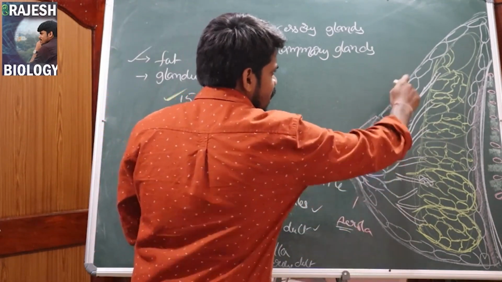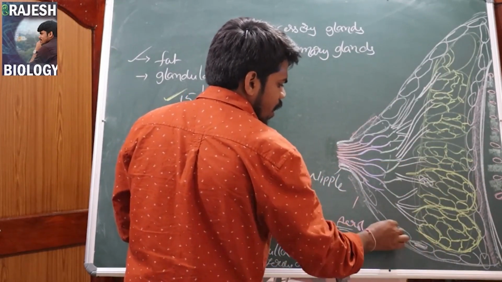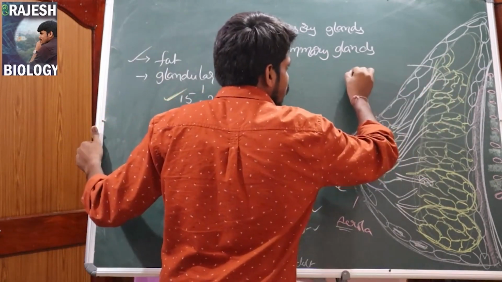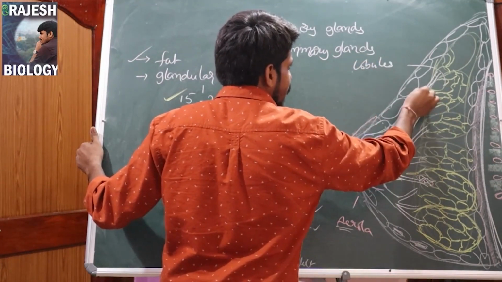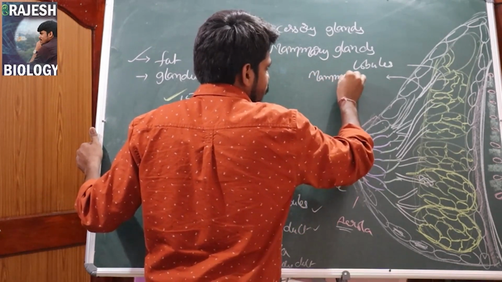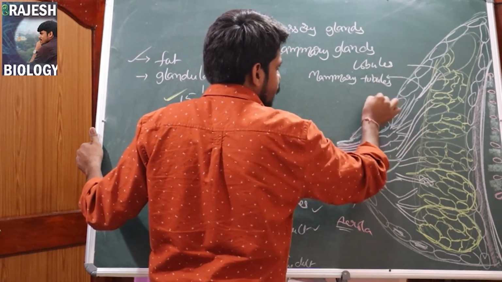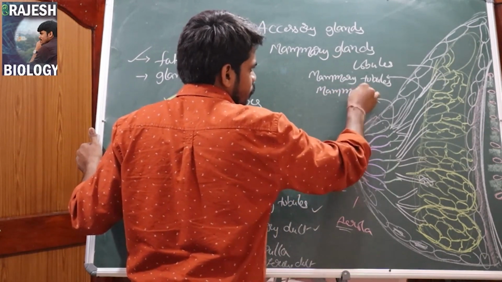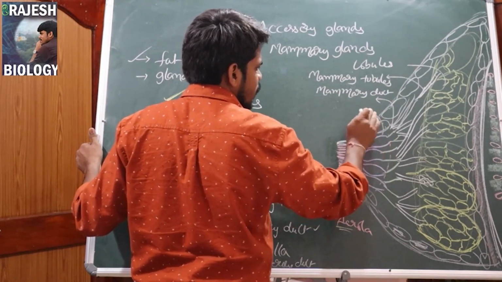Next, inside there is a fat tissue which is in white color. This is the fat tissue and glandular tissue. So this is lobes, lobules, mammary tubules, and mammary duct, and mammary ducts are completed now.